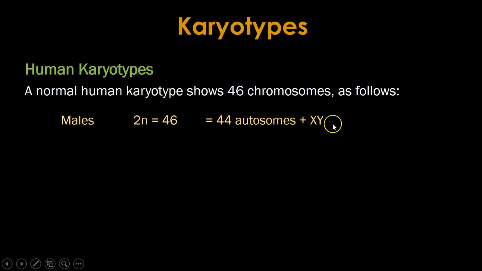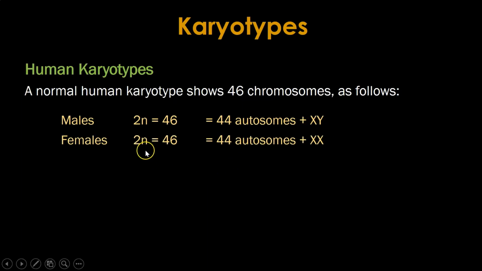And then their last homologous pair, the 23rd, will have one X chromosome and one Y. For girls, they will still be 2n equals 46. They will still have 44 autosomes, non-sex chromosomes, and then they will have one X and another X. So every human being has one X chromosome, but boys have an X and a Y, and girls have an X and another X.